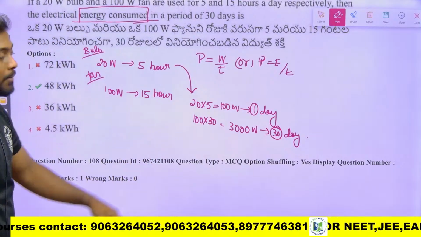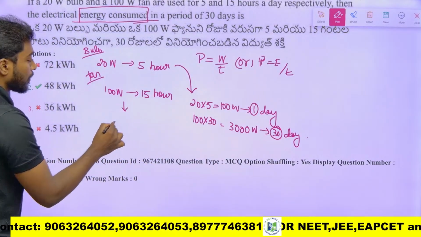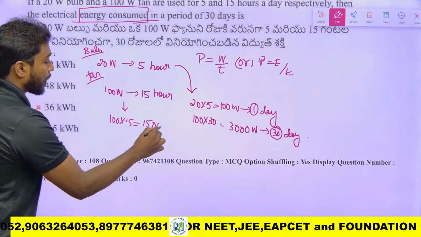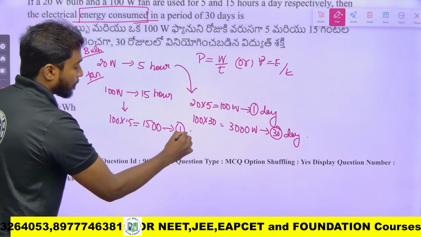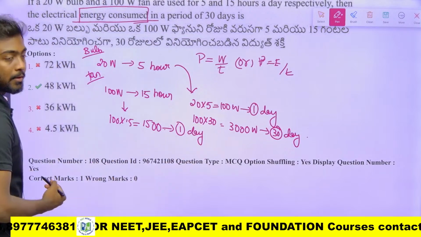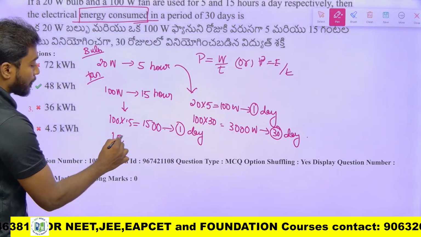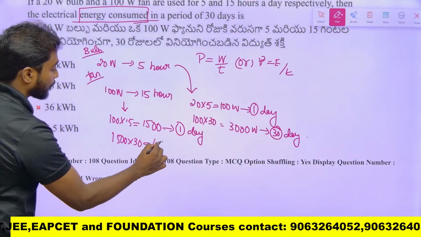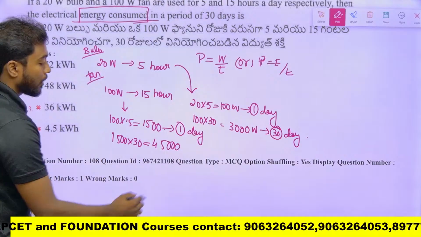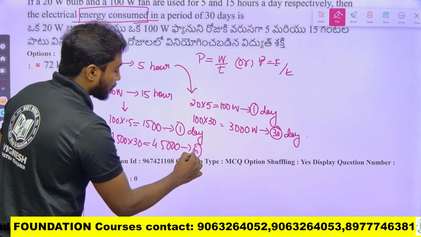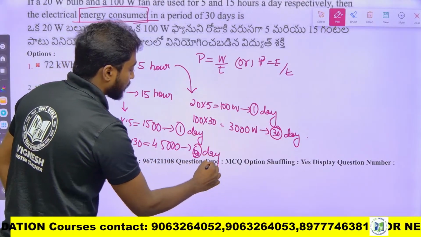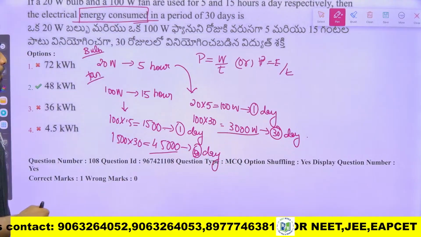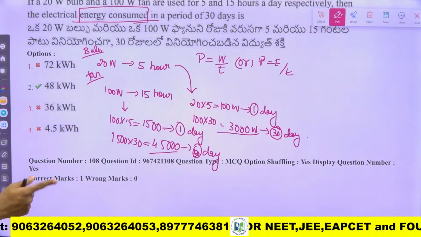This for the bulb. For the fan, so 100 into 15, which is nothing but 1500, this for 1 day. Next, 1500 into 30, I will get 3 5 15s are 45, 3 zeros, which is for 30 days. So, I got the power for 30 days for bulb as well as fan.